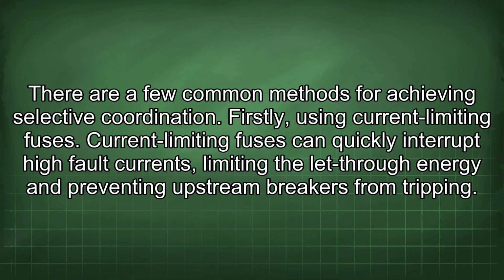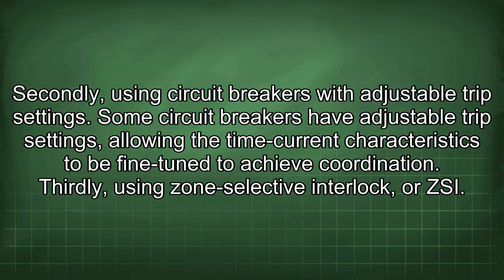There are a few common methods for achieving selective coordination. Firstly, using current limiting fuses. Current limiting fuses can quickly interrupt high fault currents, limiting the let-through energy and preventing upstream breakers from tripping. Secondly, using circuit breakers with adjustable trip settings.